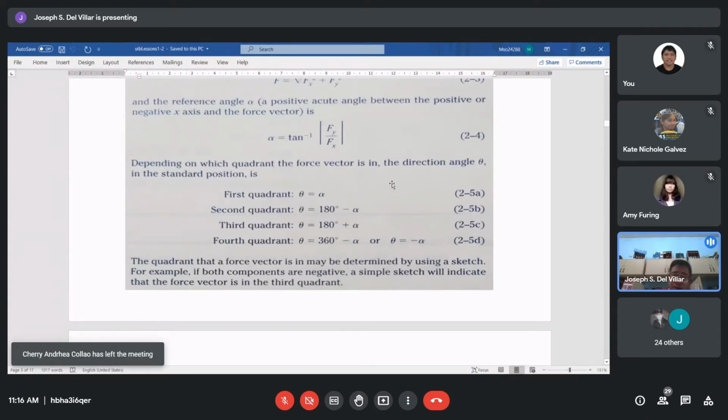Whereas, if we simply use angles referenced along the x, we only use small angles. Okay? Acute angles, less than 90 degrees.